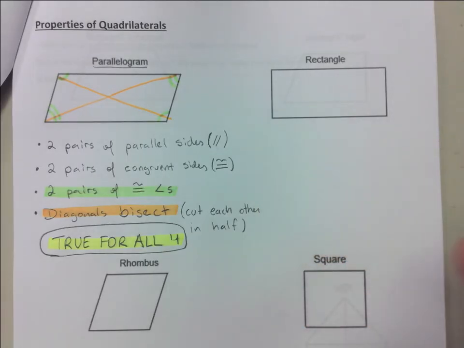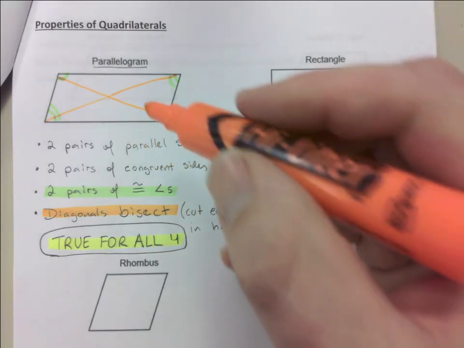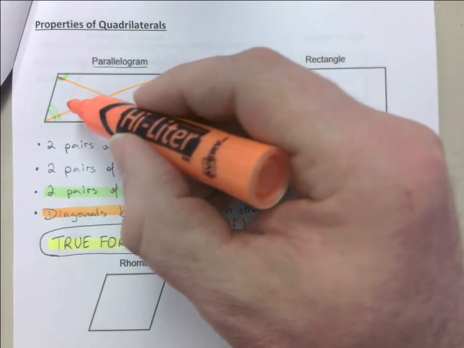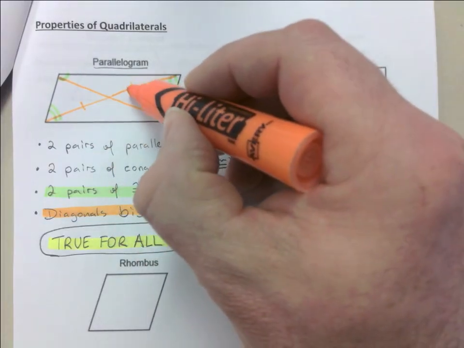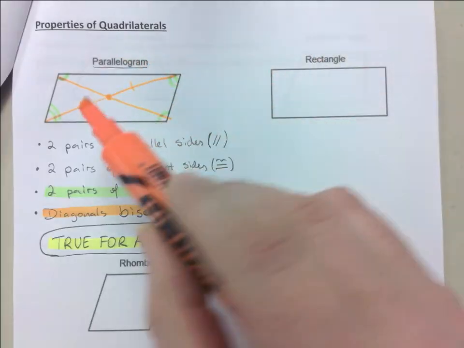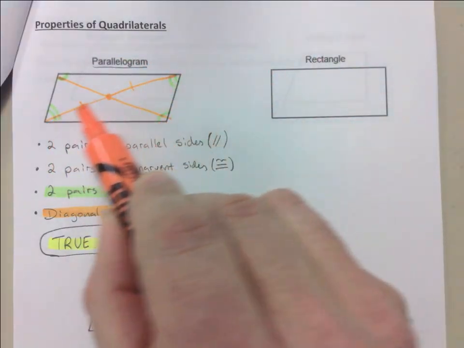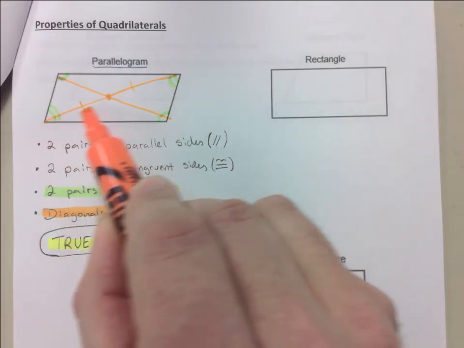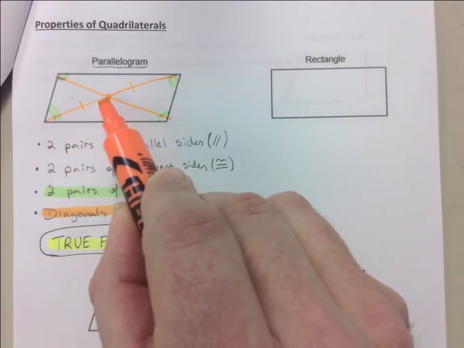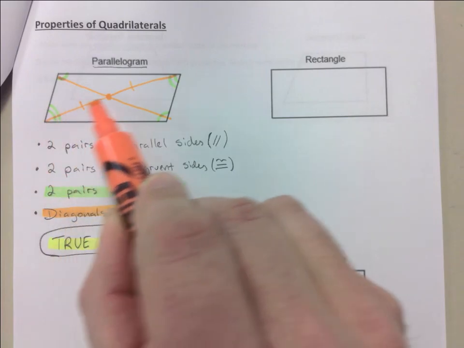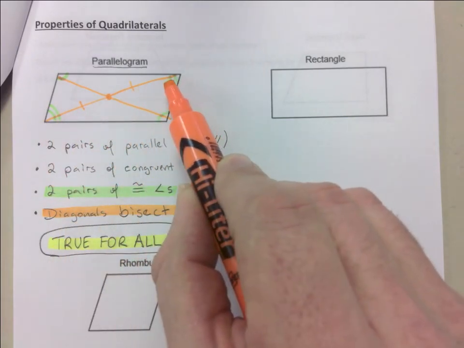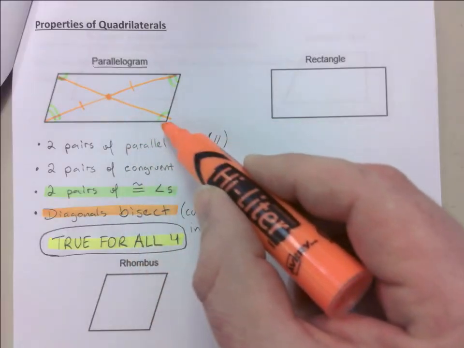And they cut each other in half, okay? What does that mean? It means that at that point of intersection, if you took this diagonal, it would cut in half. Like from this center to this corner would be the same as from the center to that corner. And so would this one here.